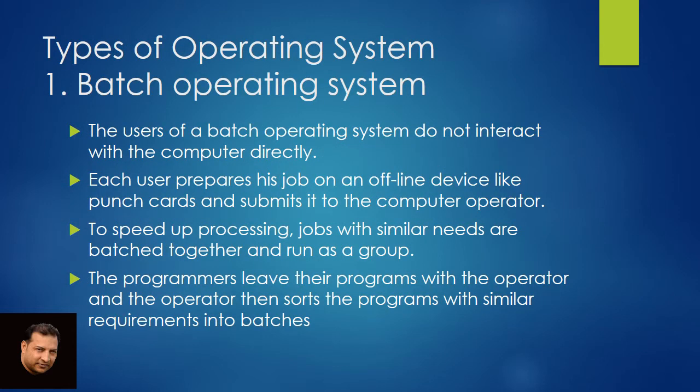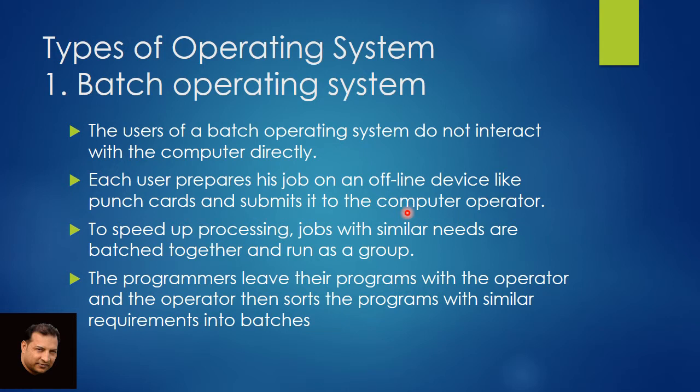Now, types of operating system. First is batch operating system. You know what is a batch? A group of instructions. The users of a batch operating system do not interact with the computer directly.